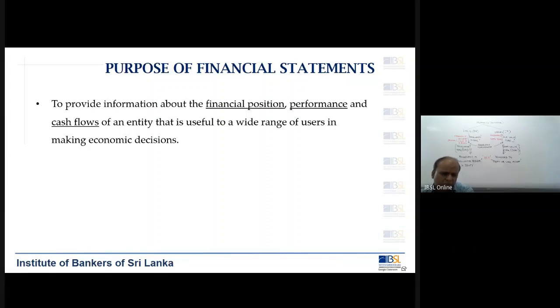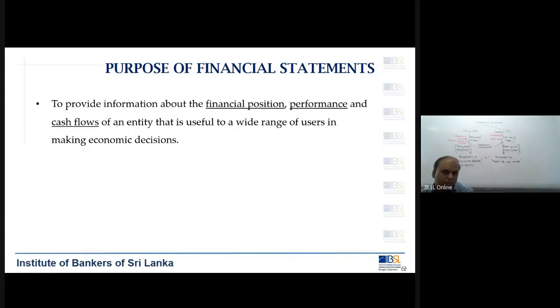So basically, we are talking about three important financial statements. Financial position is your balance sheet. Performance is your profit or loss statement. And cash flow is a separate topic which we need to learn, LKS 7, which is on statement of cash flows.